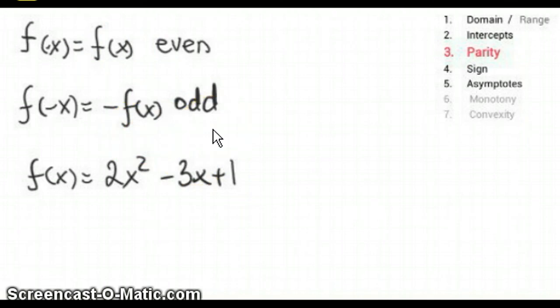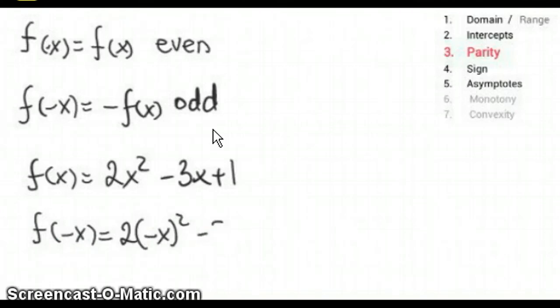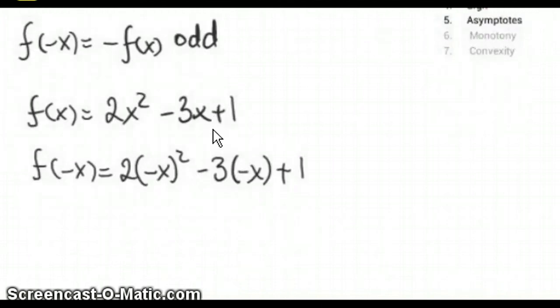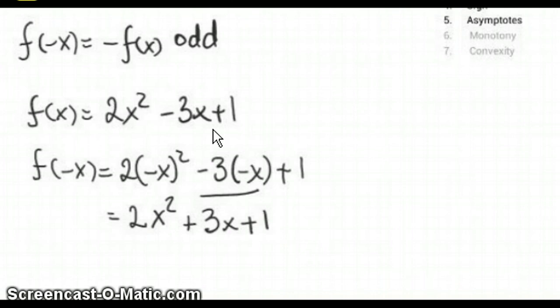So in this case, I would calculate f of negative x equals 2 times negative x squared minus 3 times negative x plus 1. If I compute that, negative x squared is x squared, since any number to an even power is positive, so 2x squared, minus 3 times minus x, that makes it plus 3x, plus 1. Is this the original function?